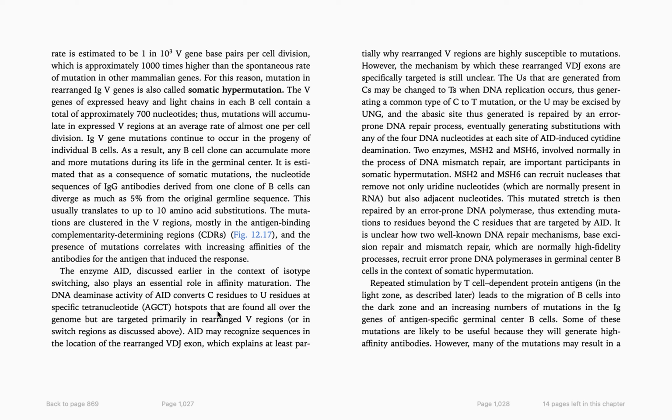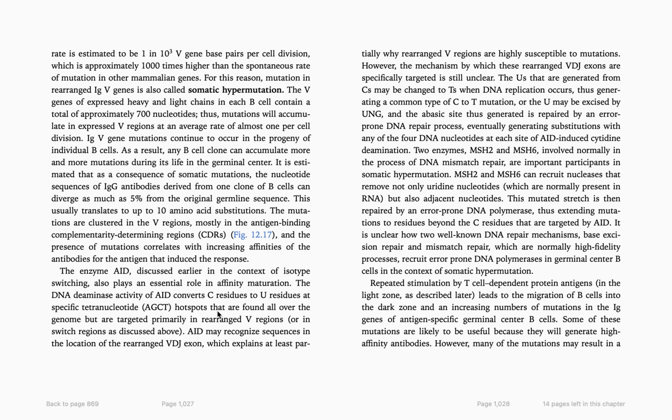Repeated stimulation by T cell-dependent protein antigen in the light zone, as described later, leads to the migration of B cells into the dark zone and an increased number of mutations in Ig genes of antigen-specific germinal center B cells. Some of these mutations are likely to be useful because they will generate high affinity antibodies.